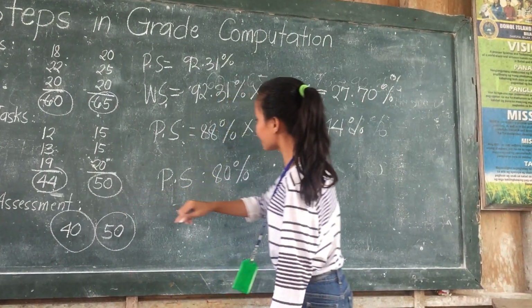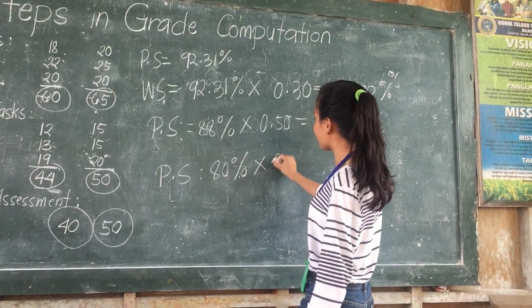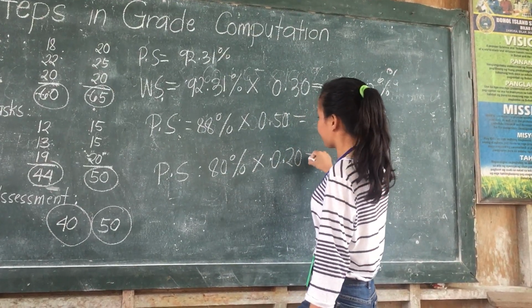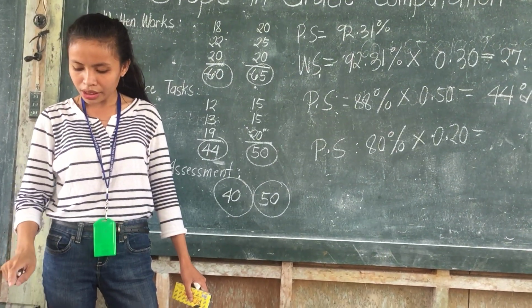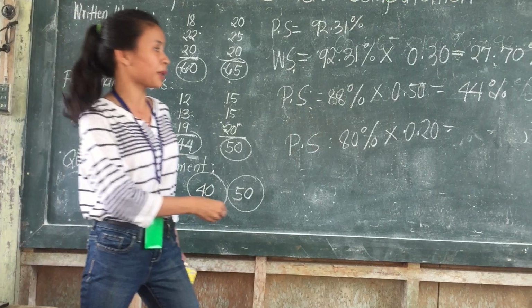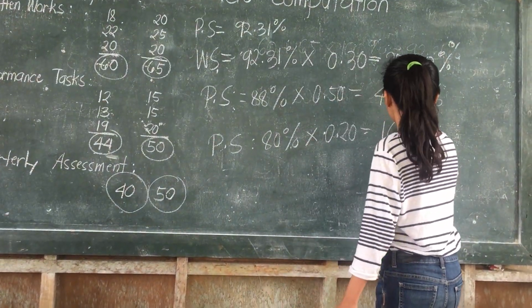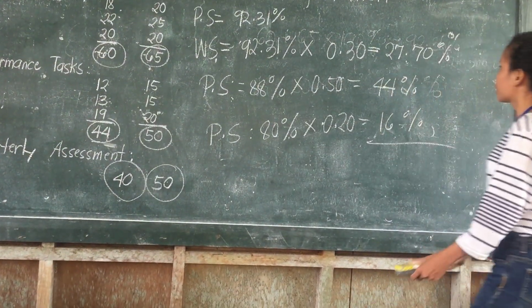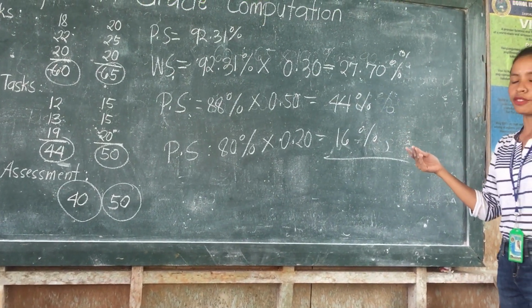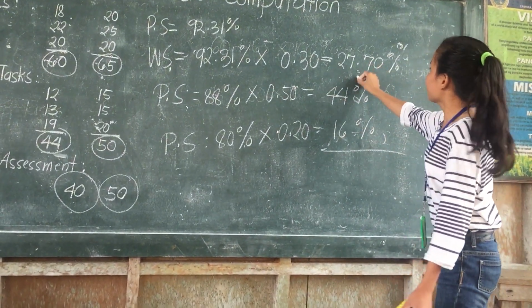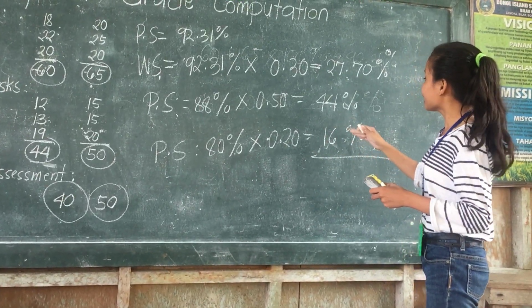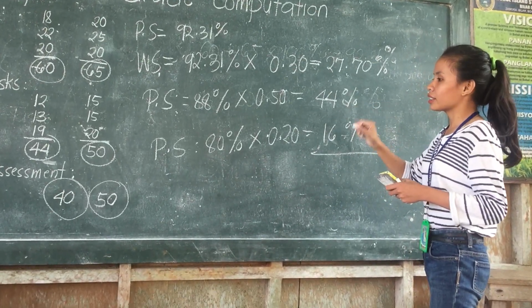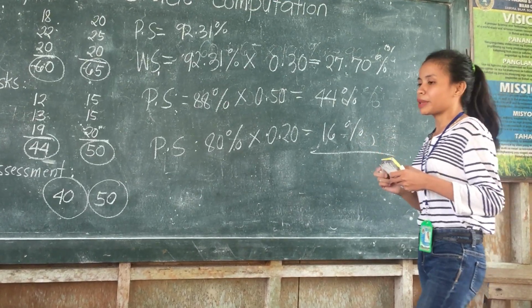While in quarterly assessment, we have to multiply it by 0.20. 80 times 0.20 equals 16%. So we already have the weighted scores for each component. 27.70% for written works, performance task is 44%, and quarterly assessment is 16%.